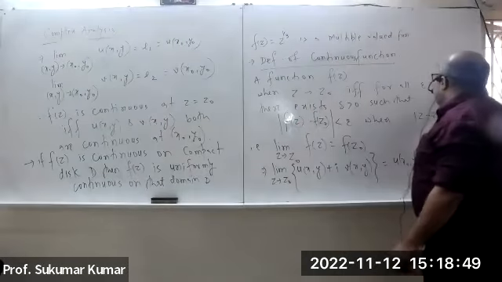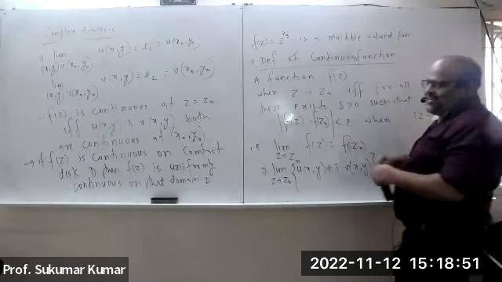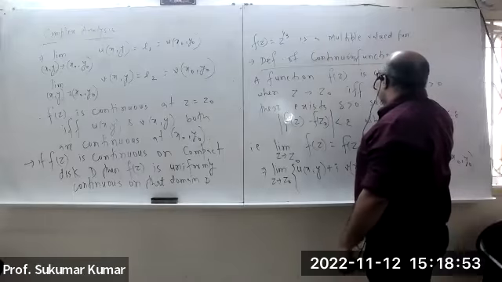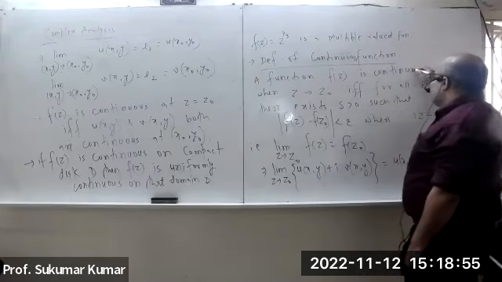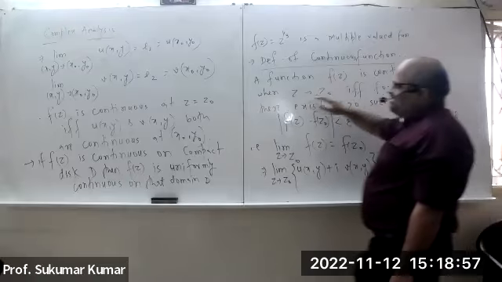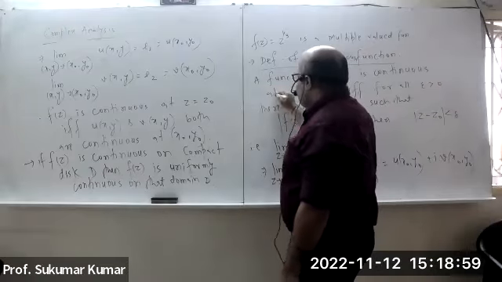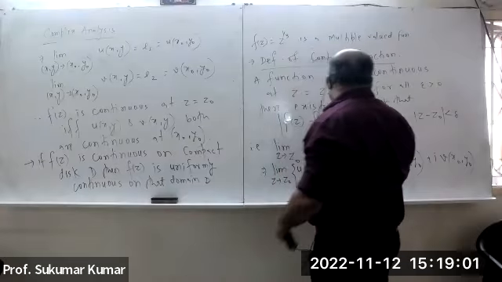The limit itself: function f of z is continuous at z is equal to z naught. Now correct.